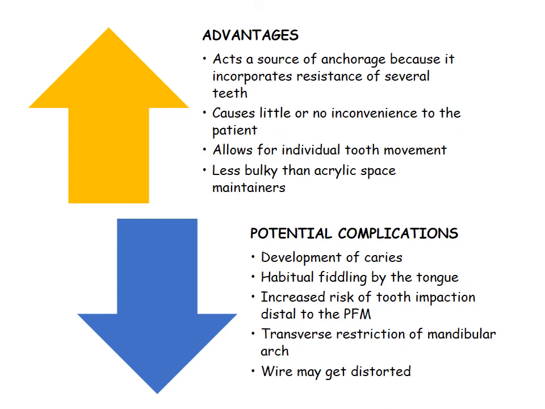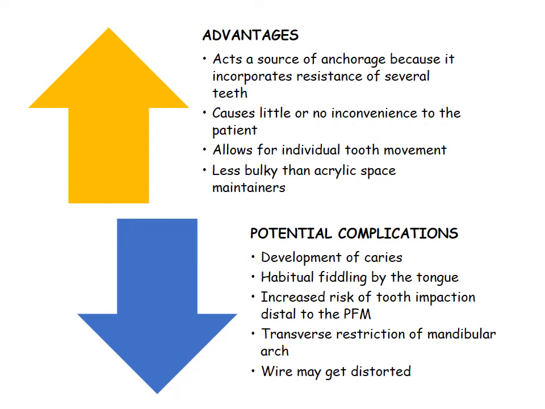The advantage of the appliance is that it acts as a source of anchorage because it incorporates resistance of several teeth, as it incorporates resistance from the cingulum of the permanent incisors. Then it is touching the gingival third of the canine, and if the primary molars are there, it's touching that also.